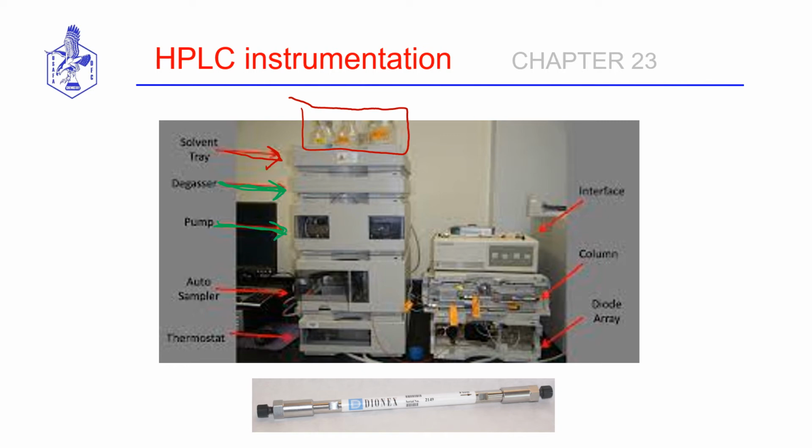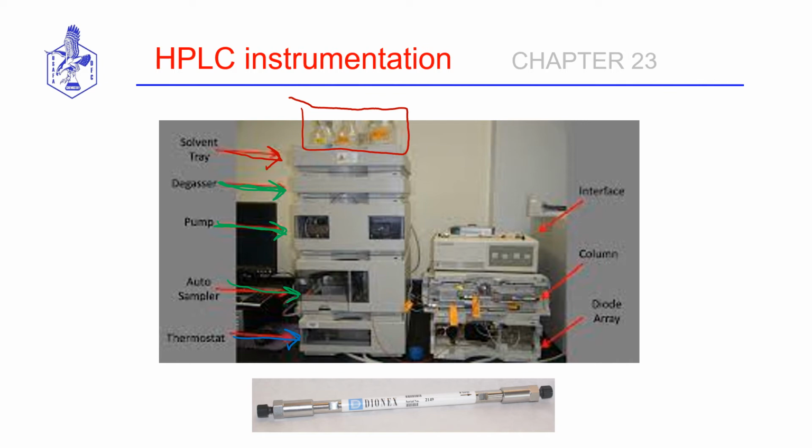We have to introduce our sample somehow, so there is a sample tray. Typically, we have an auto sampler where we can load up a number of vials, and the instrument will be programmed to analyze samples one right after another. If we wish to control the temperature of our column, we're going to have a thermostat.